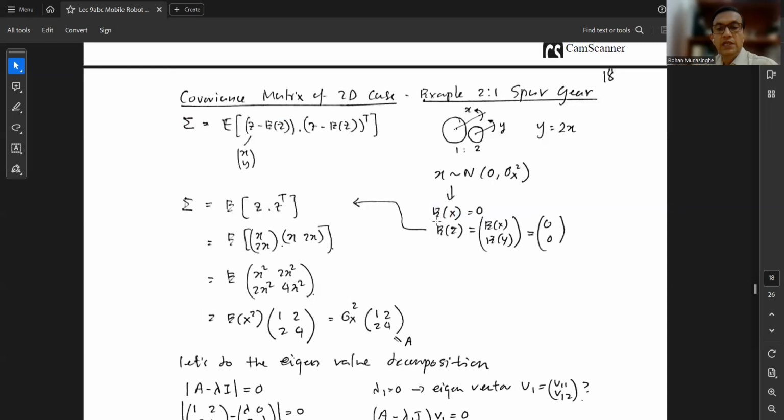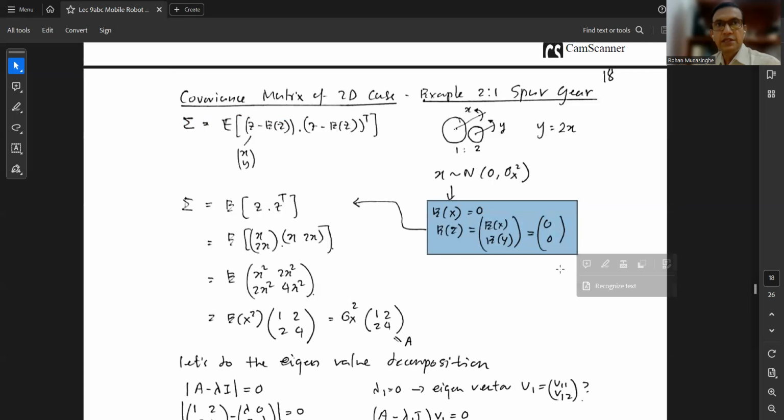And what about EZ then? EZ means both X and Y. Expected value of X, expected value of Y. So they're both zeros, okay? This gear has no mean error in either of these wheels, but they have some errors around that reference point. When you want to turn it to some reference point, it always gets there, X and Y both. That's why the 0 is there, but there is a little error around it.